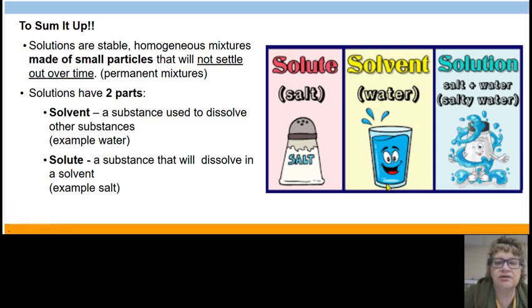Usually like water or something like that. The solute is a substance that will dissolve in the solvent, right? So they're usually solid compounds, small compounds like salt. Salt goes into water, that becomes a solution. Okay.